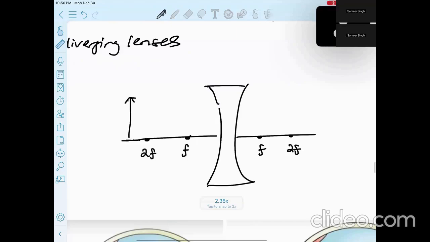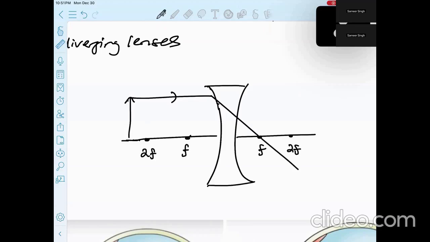So what's going on here? Well, let's go with our trusty three rays. First one we send in parallel to the optical axis. If I can draw parallel. And what does that one do? Well, a diverging lens is a little bit different, right? So what we might be inclined to do is to send it through the focal point like that.